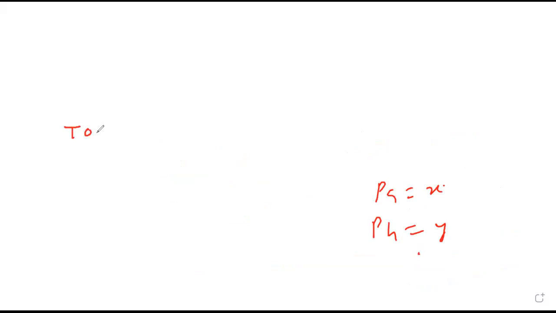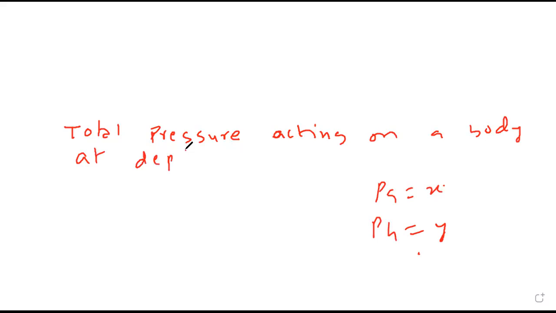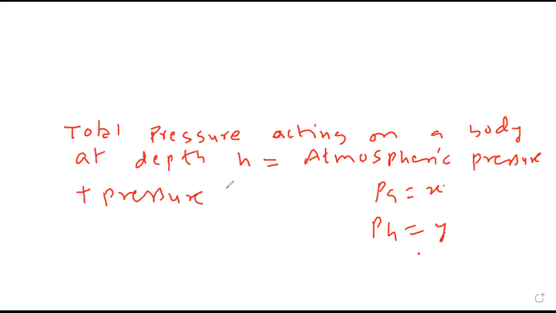So next line you will write: total pressure acting on a body at depth h equals atmospheric pressure plus pressure due to liquid.